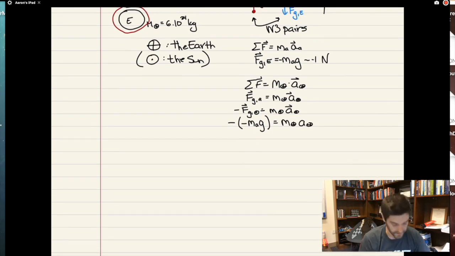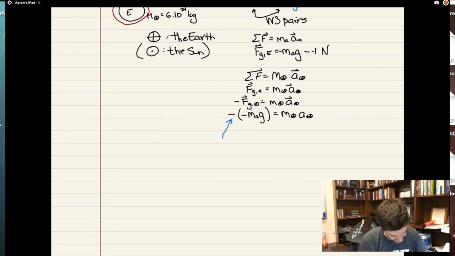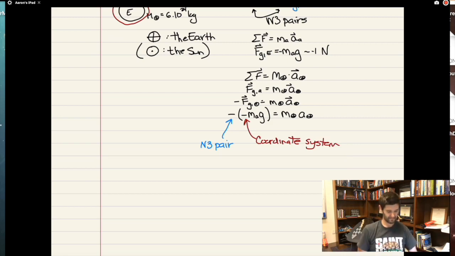And let me just point this out so that it's super clear what's going on. This minus sign was introduced because of the Newton third pair, equal and opposite forces. This minus sign was introduced because of the coordinate system. And that equals the mass of the Earth times the acceleration of the Earth.